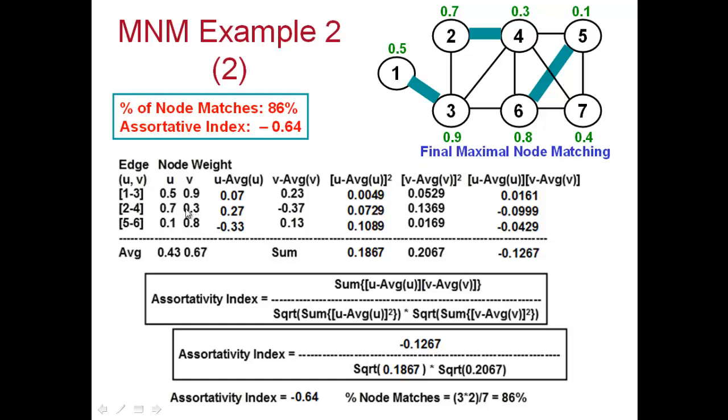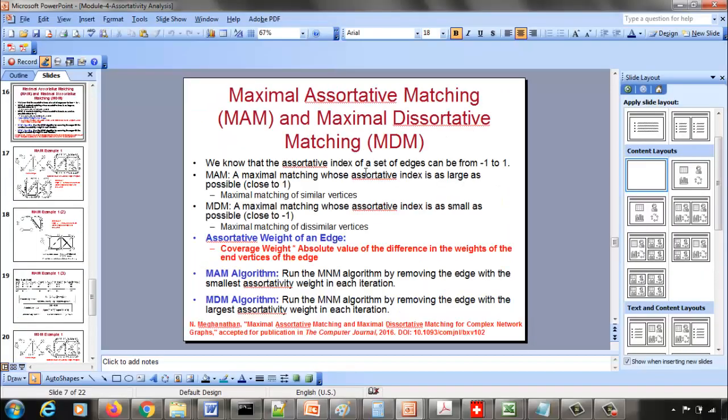Again, you could consider all the node weights to be on a scale of 0 to 1, but any scale could be used here for the calculations. So the assortative index in this case is a measure of how similar are the edges that are chosen for a maximal node matching. So let's stop with this.